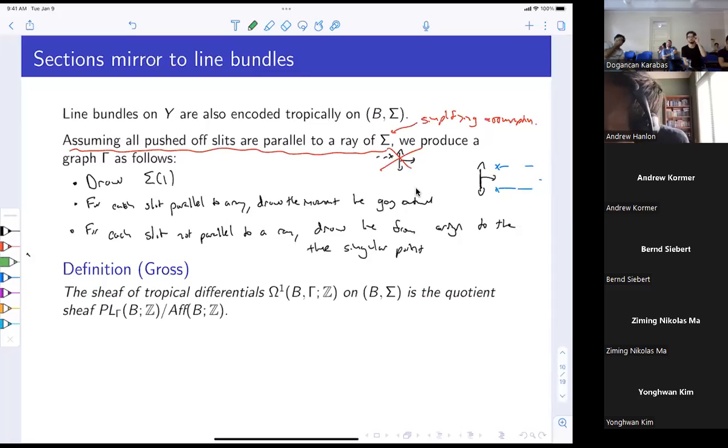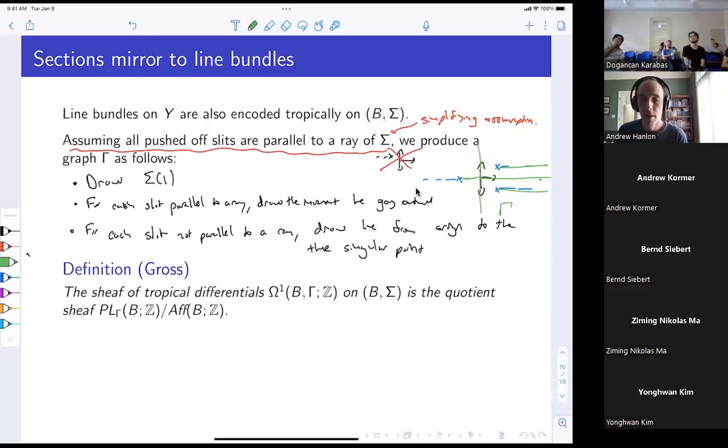I would draw a graph that looks like this. I would start by drawing just these, and then for these two that do correspond to rays, I would just draw those, and here I would just draw like this. So here's my graph gamma in this example.